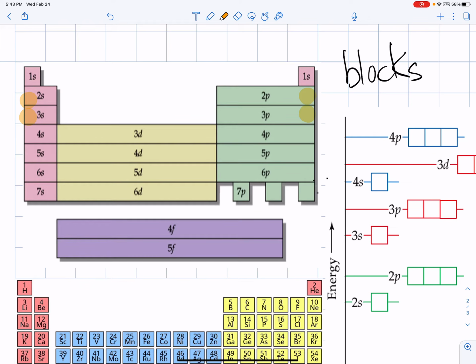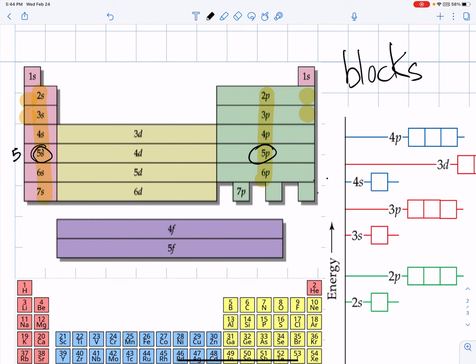So you'll notice that whenever you have an element in an S block or a P block, the energy level is the same as the row number on the periodic table. When you are in the 5th row of the periodic table, you are going to be filling the 5s and the 5p, right? But something different happens when you're in the D block.